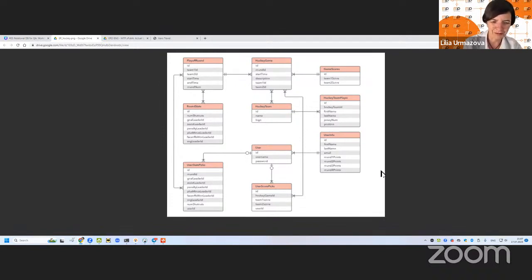How to optimize those 4 rounds in one table? Create another table with rounds. With rounds, yes. And what will be the relationship between user info and rounds in this case?